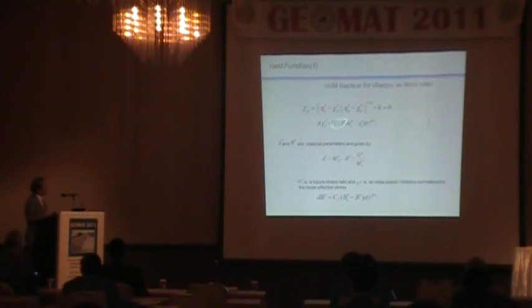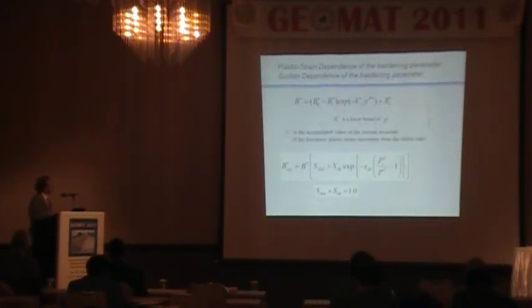A is equal to the stress ratio at failure, and B is related to the plastic modulus. Of course, B also follows a differential equation for the change. In this case, we adopted another suction effect for the plastic hardening parameter B, a similar type of degradation for the boundary.